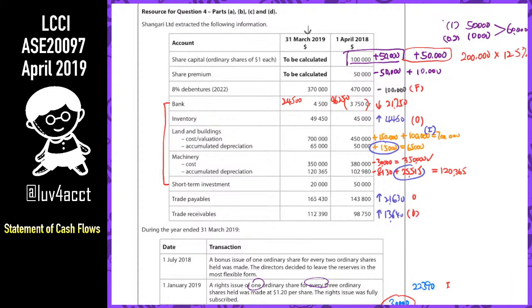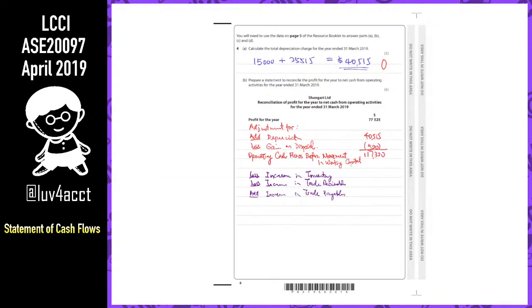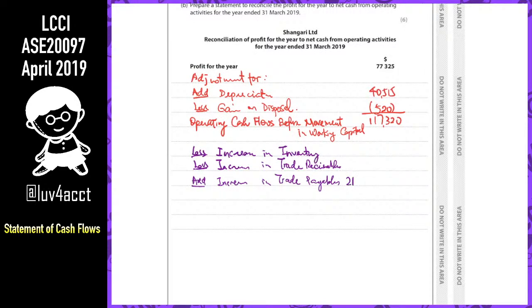Okay, 4450 and then 13640, 21630. 4450 negative, 13640, 40 negative.